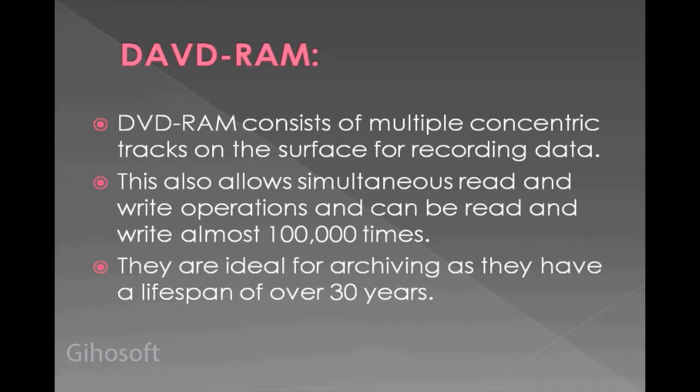They are ideal for archiving as they have a lifespan of over 30 years. So the difference between DVD and DVD RAM is that they have a very high capacity. They can hold the data for up to 30 years, and the major difference of technology is that DVD RAMs contain concentric tracks, whereas a normal DVD contains a spiral track.